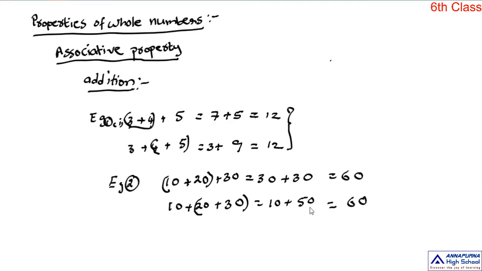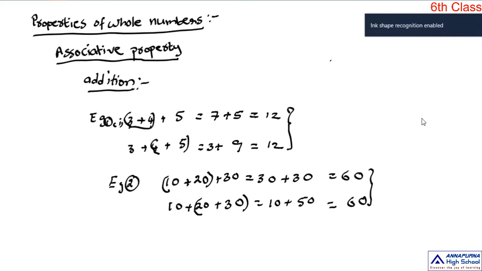Here also results are same. Even in two different ways the results are same. Even if we change the grouping of numbers, while adding whole numbers we can group them in any manner. This is the associative property under addition.